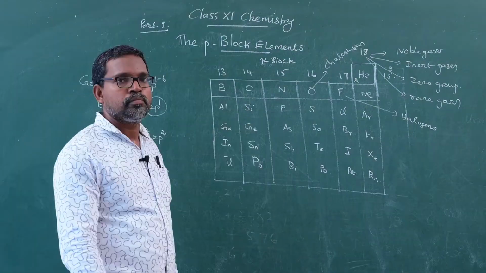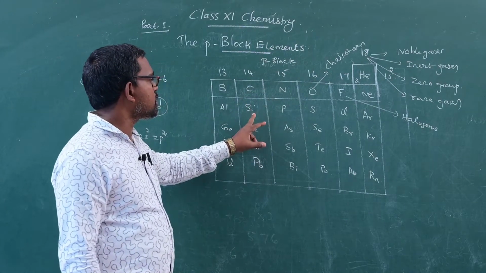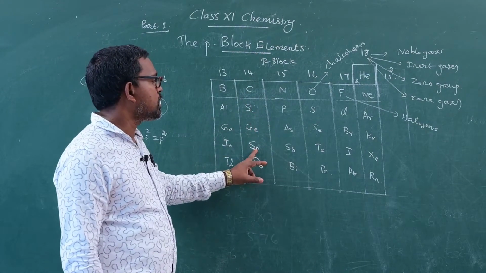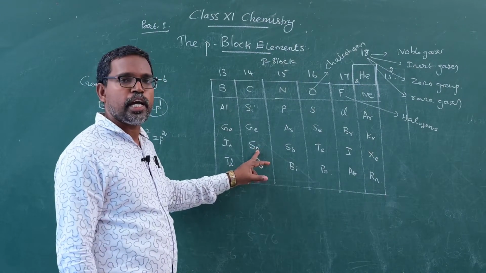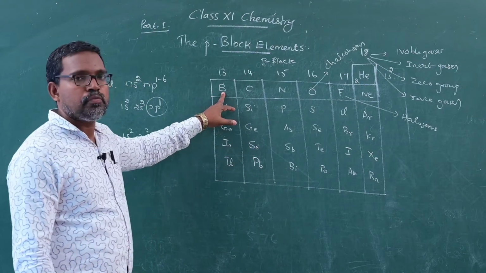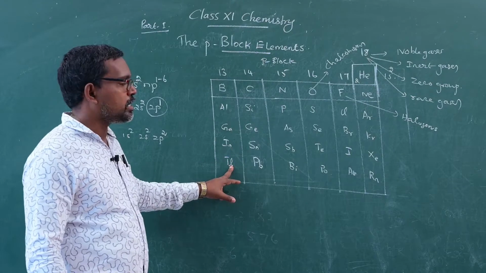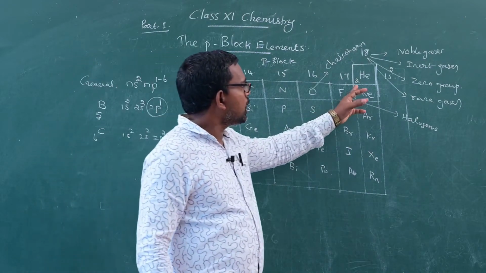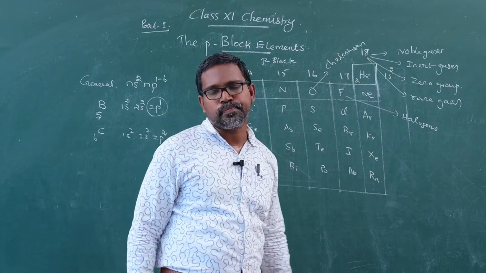Group number 14 consists of carbon, silicon, germanium, tin and lead, that is stannum and plumbum. Group number 13 consists of the boron family: boron, aluminium, gallium, indium and thallium. Similarly, the last group: helium, neon, argon, krypton, xenon and radon.